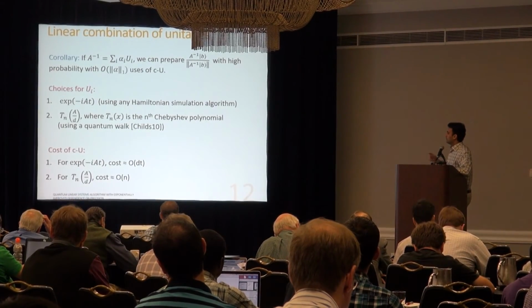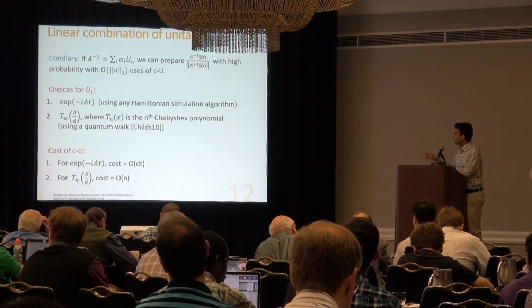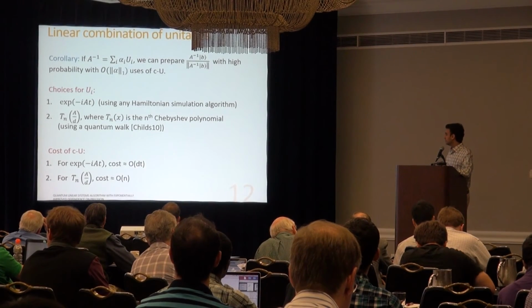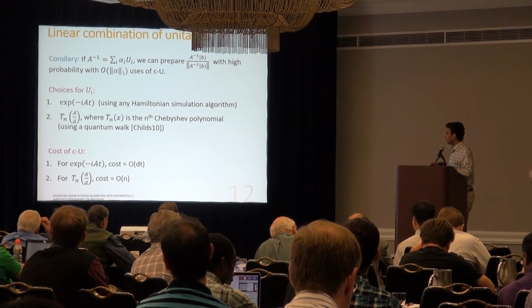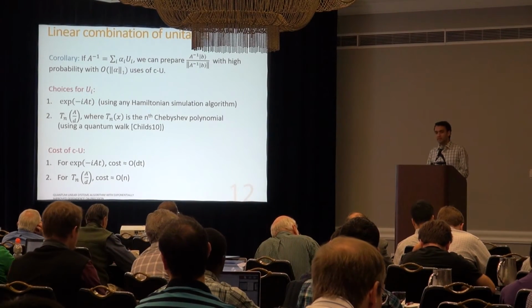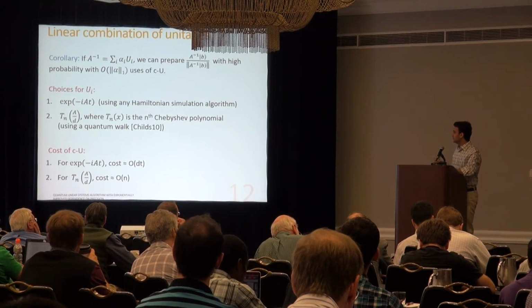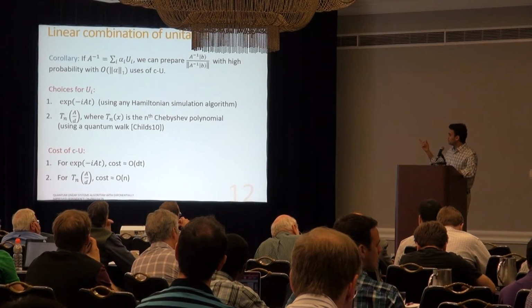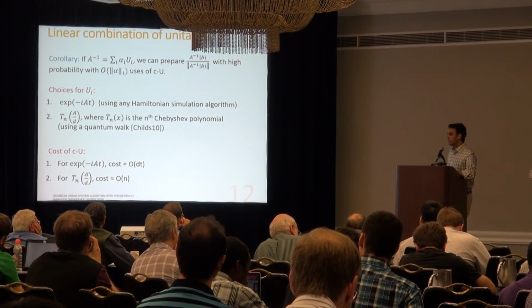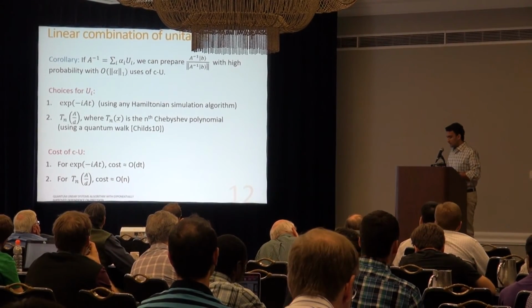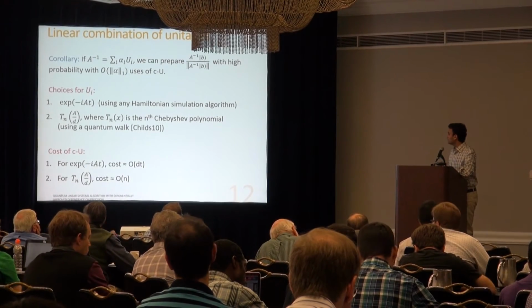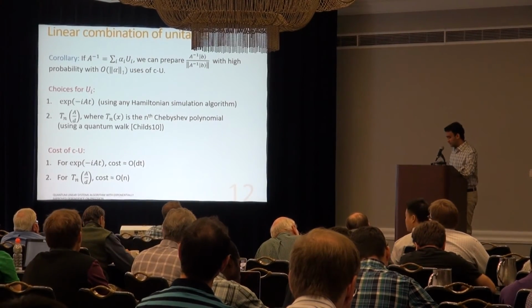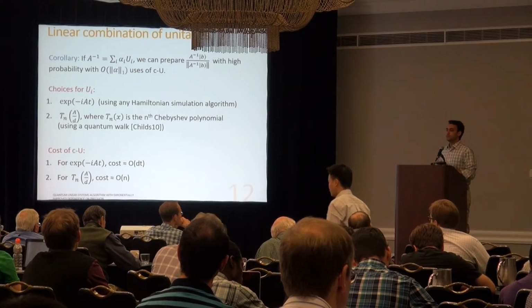And if you want to use the quantum walk, the cost of implementing the nth Chebyshev polynomial is roughly n. This is just what you need to keep in mind when designing this algorithm. You're trying to minimize the total cost, which is the number of uses of this unitary times the cost of doing the unitary itself. So let's use Hamiltonian simulation first, and that'll give us an idea of how this would work generally.